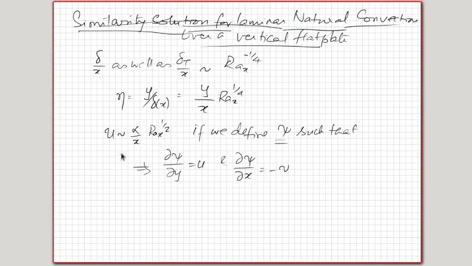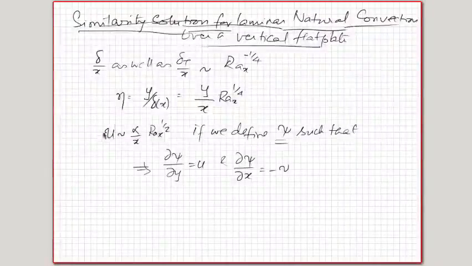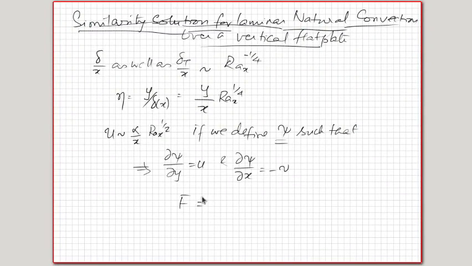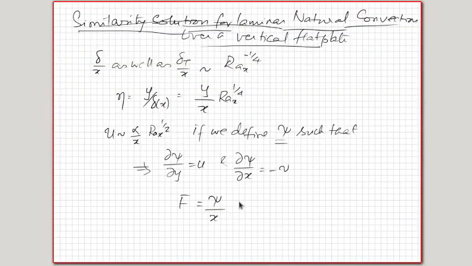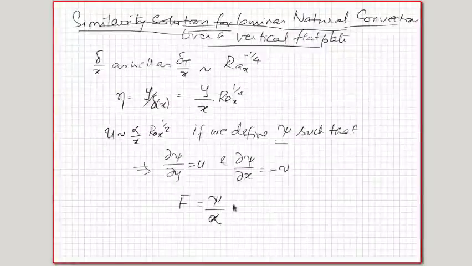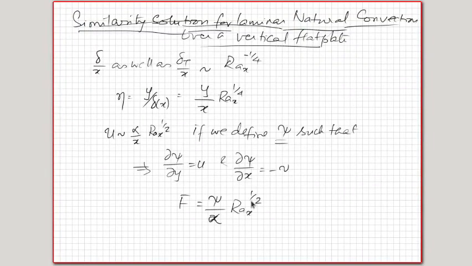Then we can normalize the stream function. If f is the normalized value of the stream function, this can be written as psi by alpha into Ra_x to the power of minus 1 by 4, sorry.